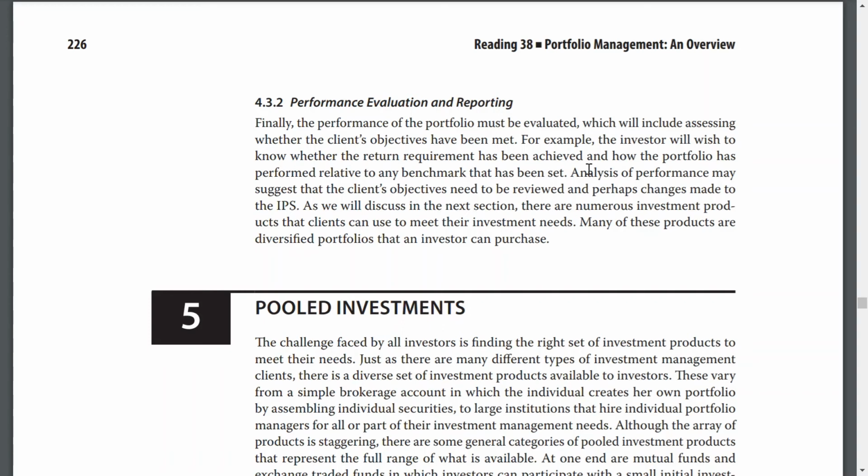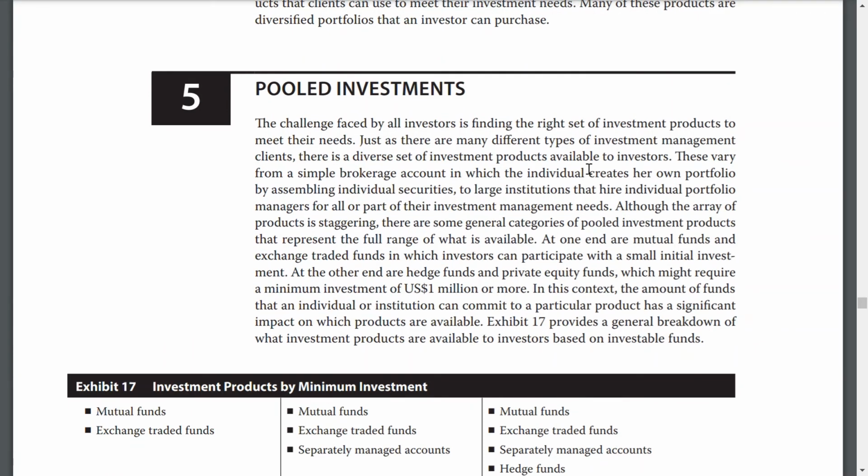There are numerous investment products that clients can use to meet their investment needs. Many of these products are diversified portfolios that an investor can purchase. Pooled investments. The challenge faced by all investors is finding the right set of investment products to meet their needs. Just as there are many different types of investment management clients, there is a diverse set of investment products available to investors.